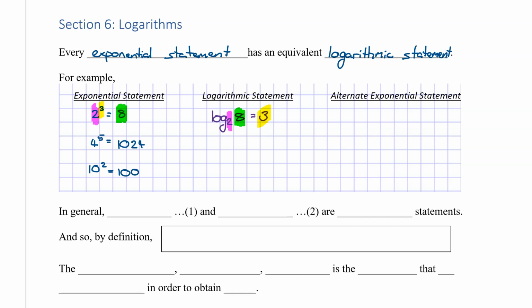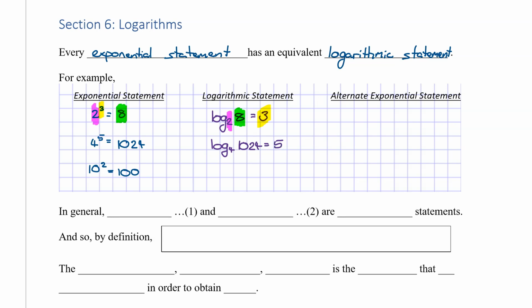Now if we do a similar application to the exponential below, 4 to the power of 5 equals 1024, the equivalent statement is log base 4 of 1024 equals 5.